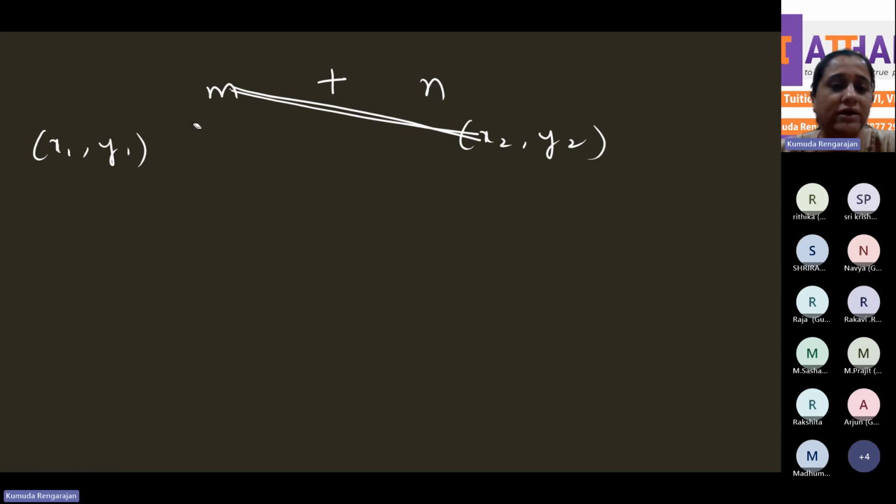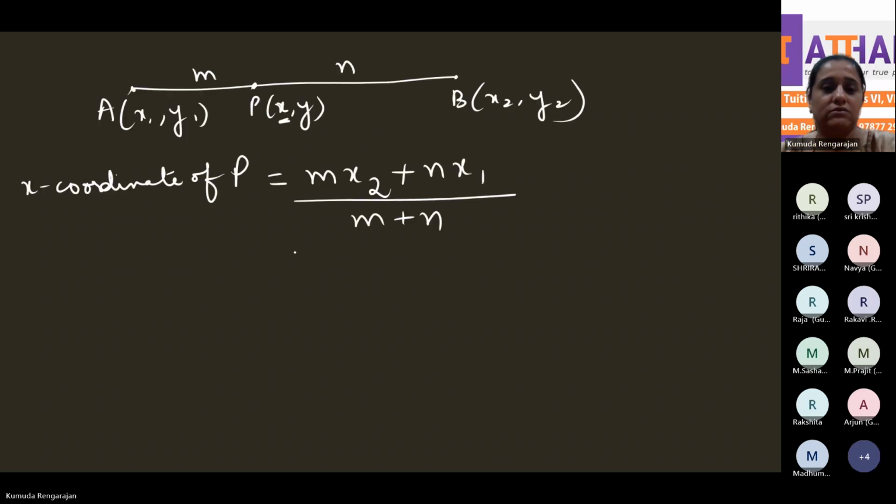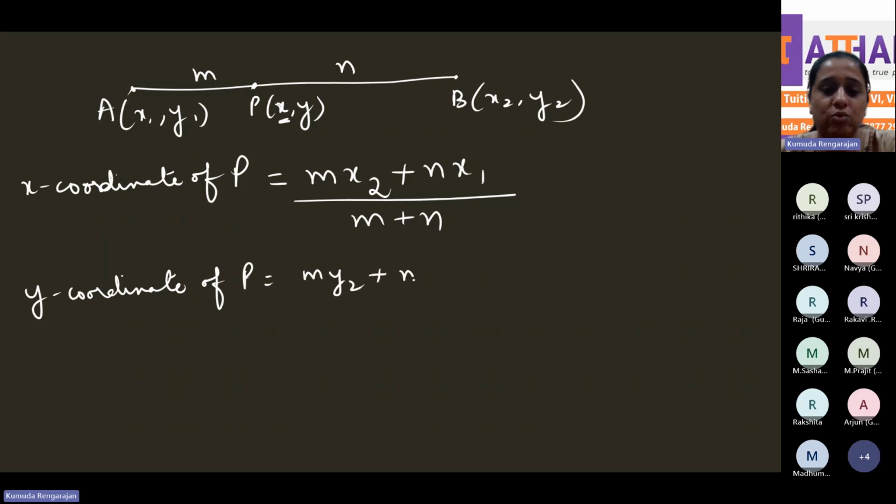And to find the y coordinate of the point of division P, the formula is m y2 plus n y1 by m plus n. So the y coordinate of P is given by m y2 plus n y1 by m plus n.